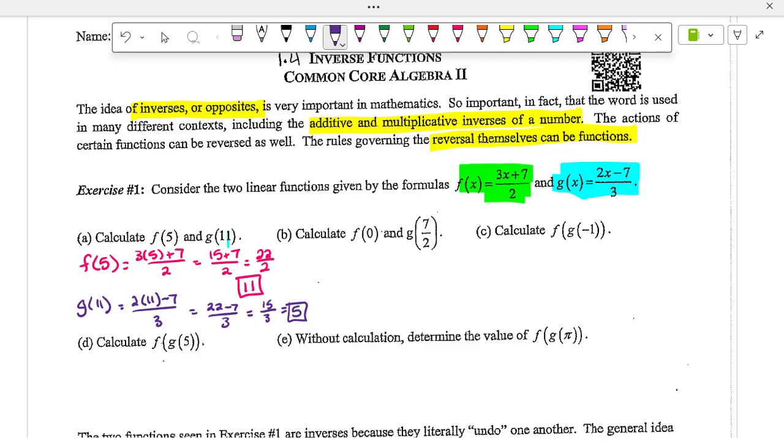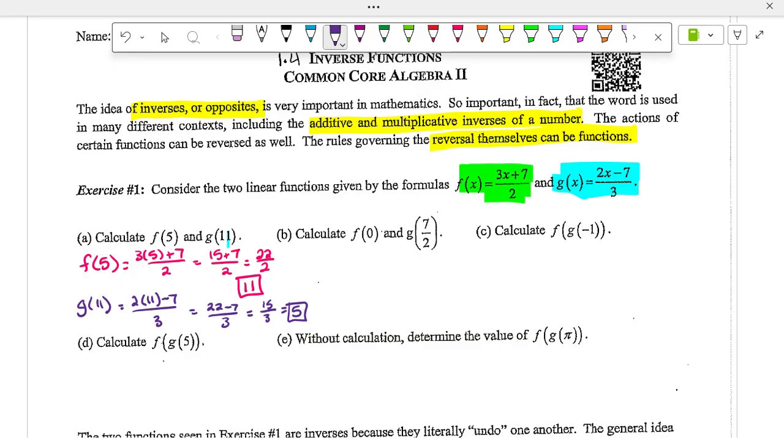You're just evaluating those very simple functions. You're not even doing an operation to them. You're just plugging and chugging. So again, guys, your EOC is completely calculator active, so this class is completely calculator active.